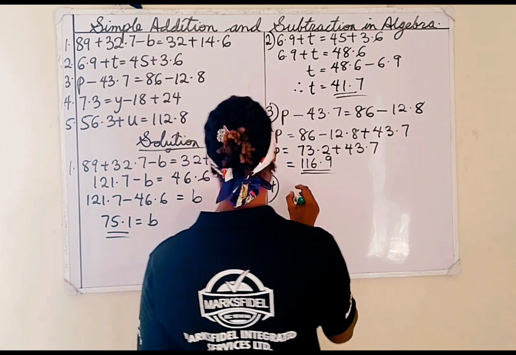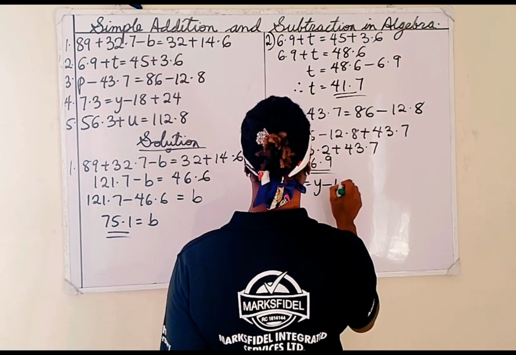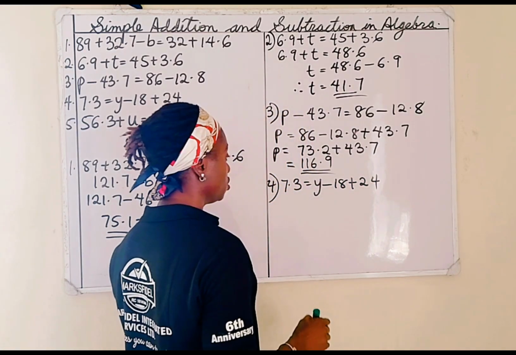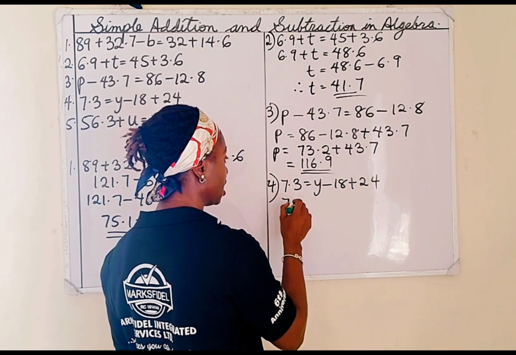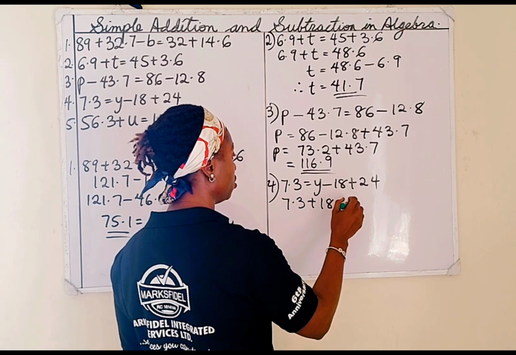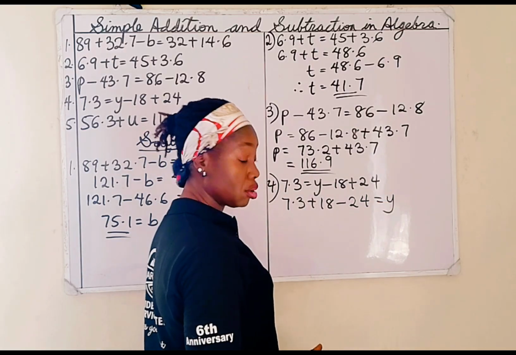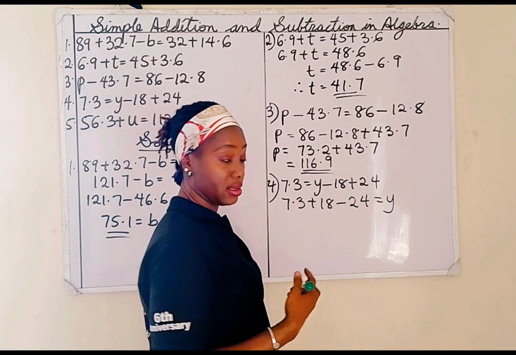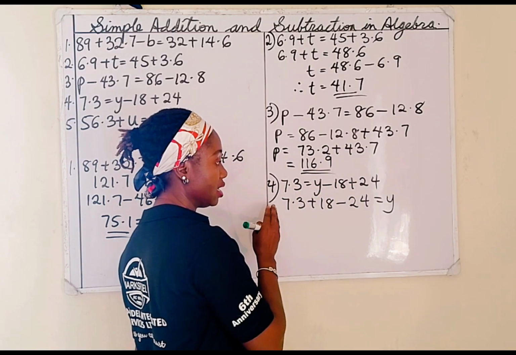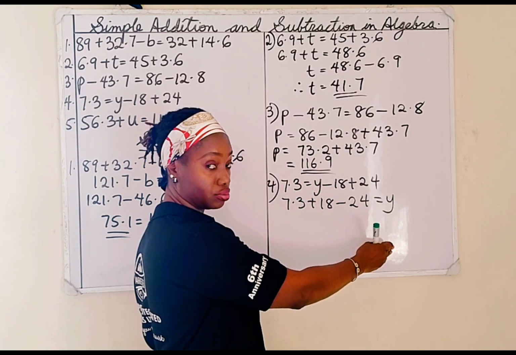Question 4. 7.3 equals y minus 18 plus 24. So we can as well say 7.3 plus 18 minus 24 equals y. Do you know what I just did here? I just moved these numbers to the left hand side and I left the y standing alone.